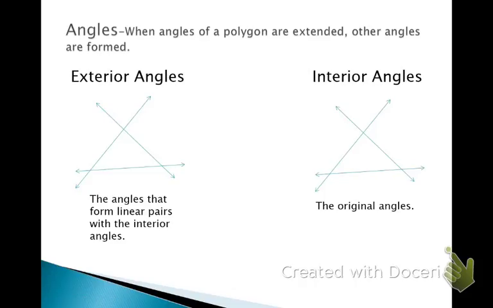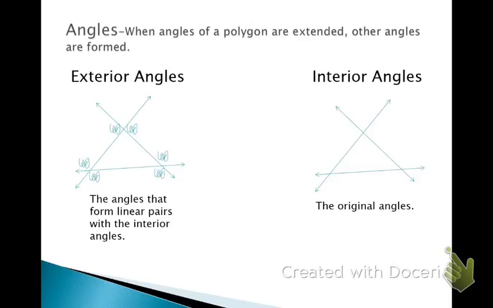Angles. When angles of a polygon are extended, other angles are formed. Exterior angles are angles that form a linear pair with the interior angles. In this picture, all these angles that are marked with the squiggly are exterior angles.